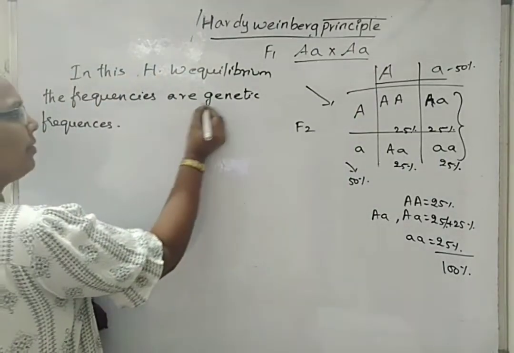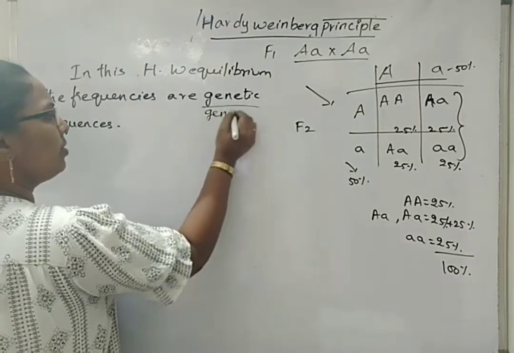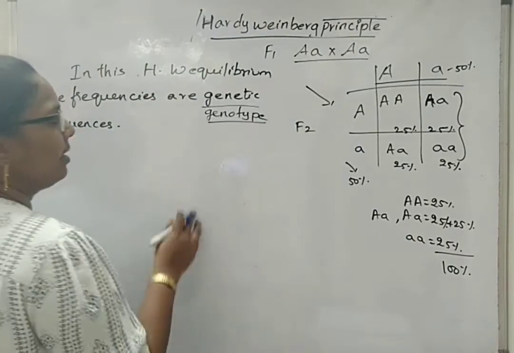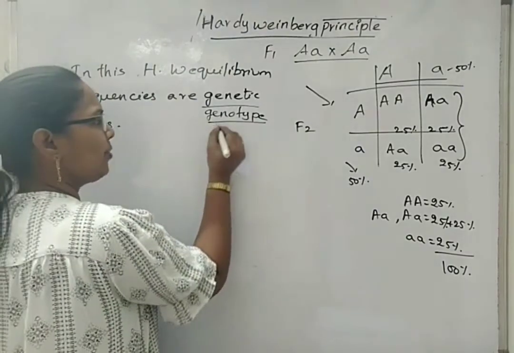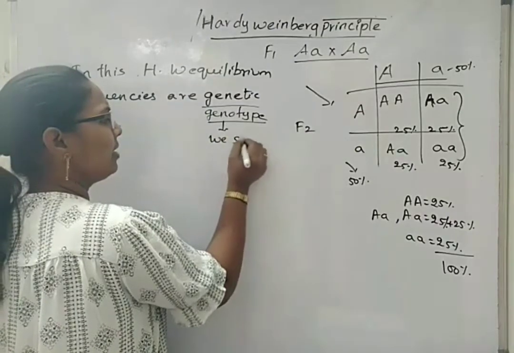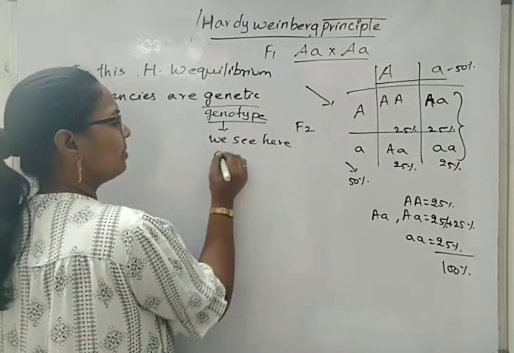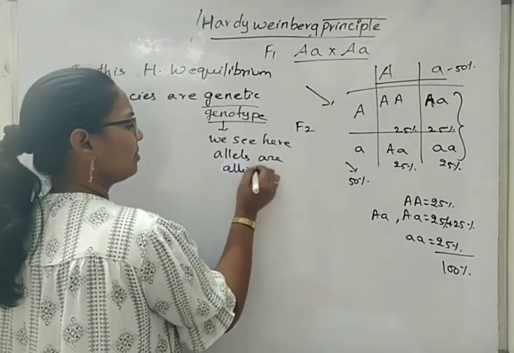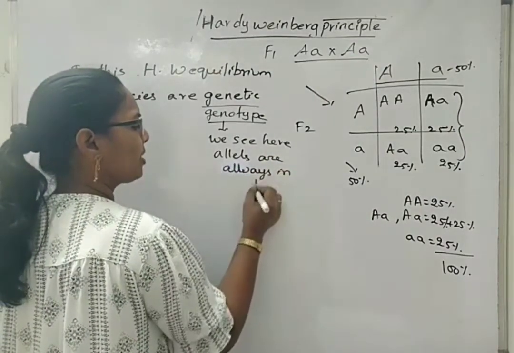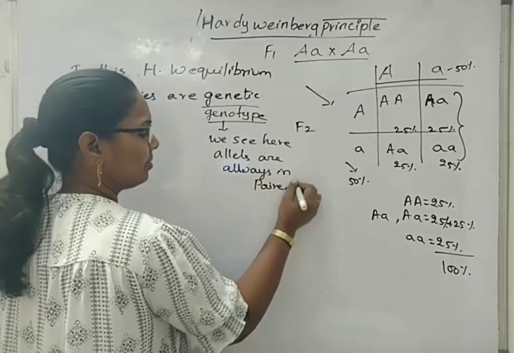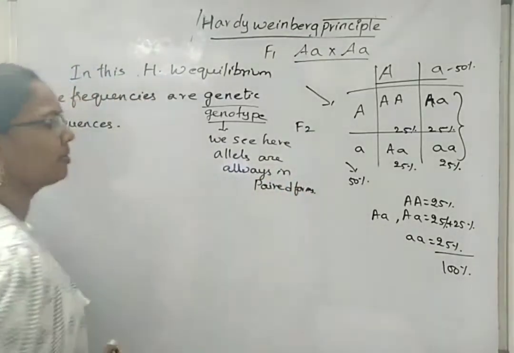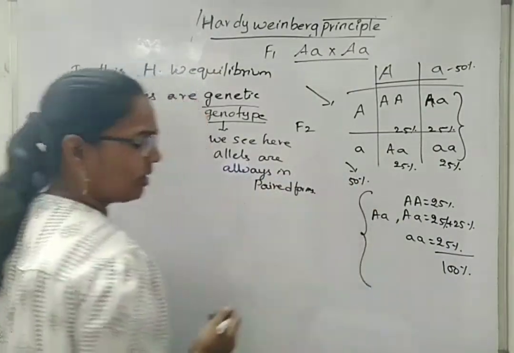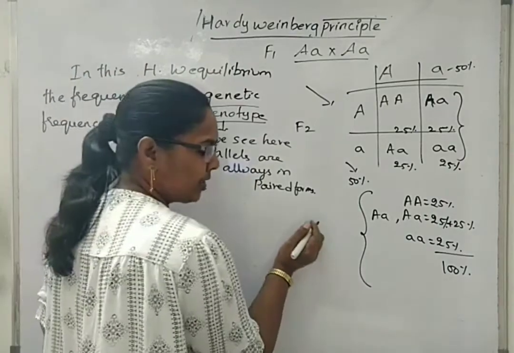We know that whenever we write about a genotype, it means the alleles are present in paired forms. Alleles are always in paired forms. The same percentages here, we will now see in terms of frequencies.